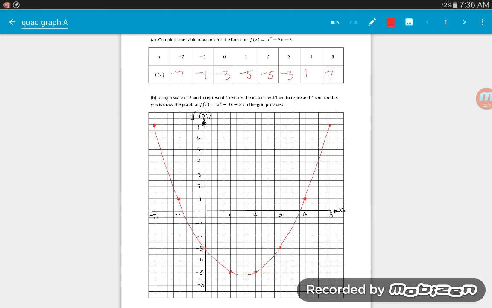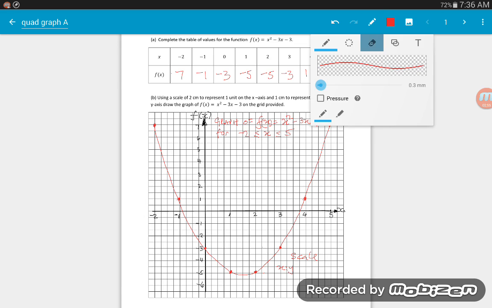Good practice says that we must put a title and a scale on our graph. So we do that now. And we put on our scale in a place that is out of the way.